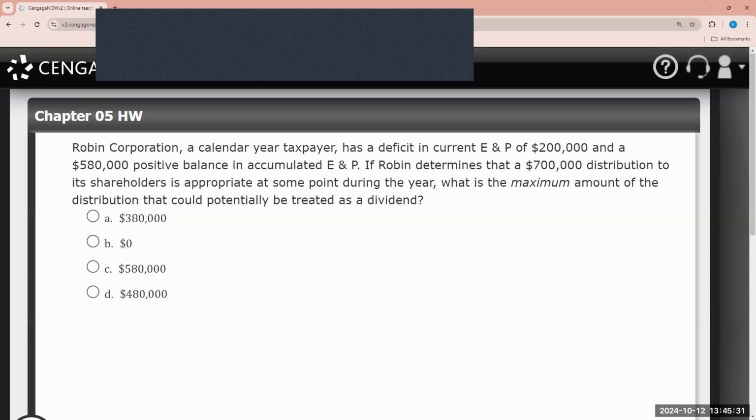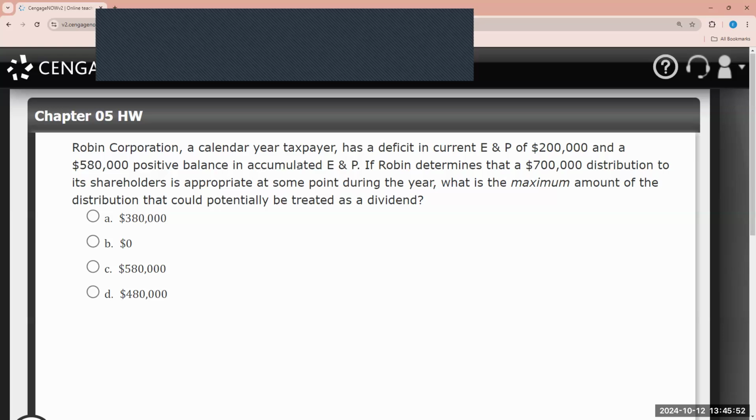So whenever there's a deficit in the current E&P and a positive balance exists in accumulated E&P, the two accounts need to be netted. However, if the distribution takes place on the first day of the year, then it's deemed to be paid entirely out of accumulated E&P.